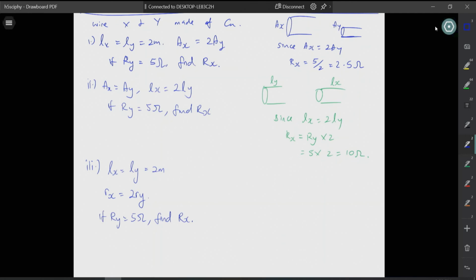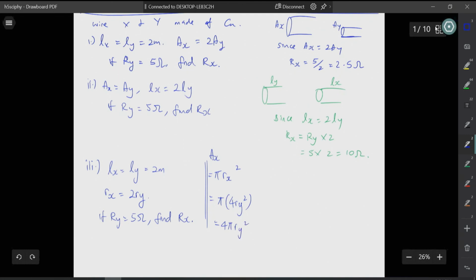So Ax, which is what we want to find, equals pi rx squared. It's actually equal to pi times 2ry, the whole thing squared, so you get 4 pi ry squared. And clearly, Ay should be equal to pi ry squared. So you realize the area is 4 times, a factor of 4.